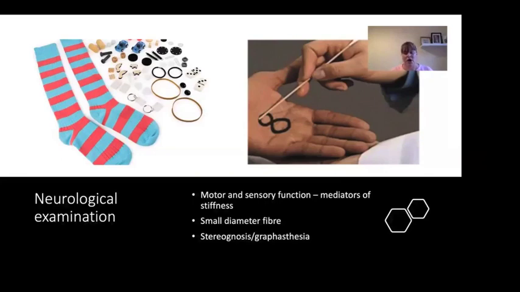So we would ask a patient, can they tell a difference between a coin at room temperature compared to a coin that was kept in a pocket and was kept warm. So we look for small diameter fibre changes in that.